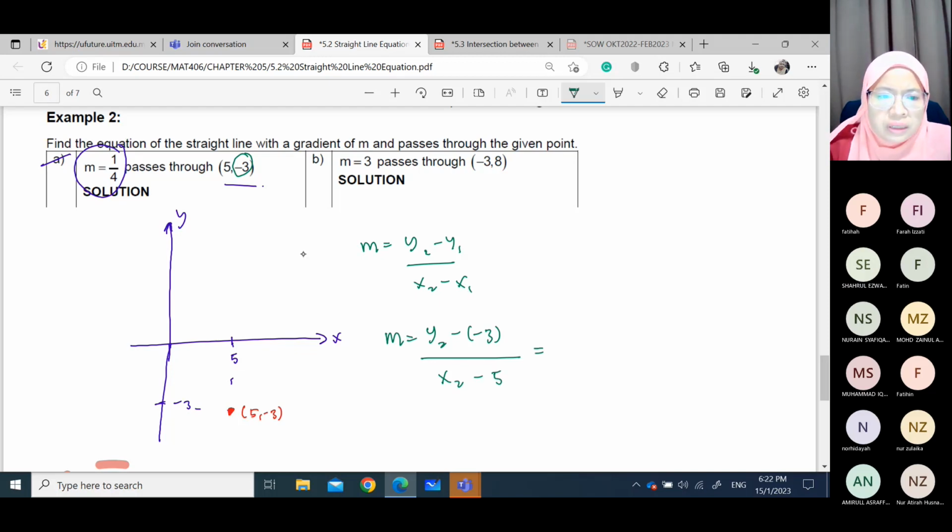So this one is equivalent with 1/4. Okay, so now we solve this one. So we have y2 plus 3 over x2 minus 5 equivalent with 1/4.